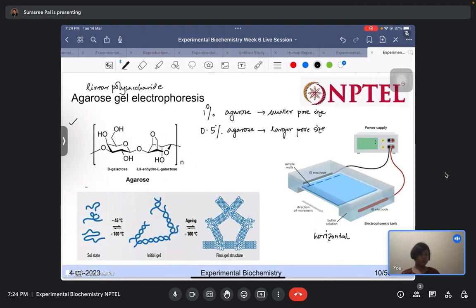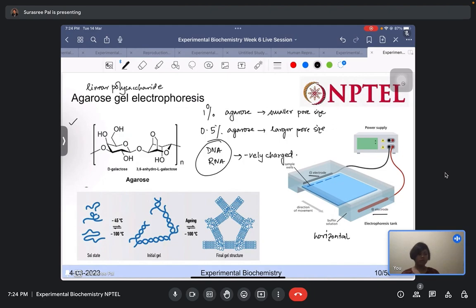Agarose gel is usually run horizontally. And here also there are two electrodes, a positive electrode and a negative electrode, and we know that DNA and RNA have this phosphate backbone which is negatively charged. So these two molecules are negatively charged.